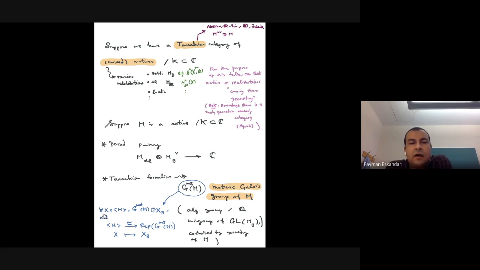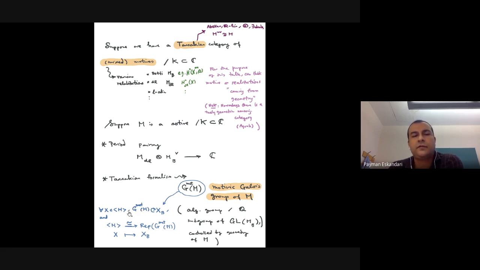Now, if you take any object in the category generated by M, you have the Betti realization of that object, and there's a natural action of the motivic Galois group of M on that Betti realization. And these actions are compatible with morphisms. So if I have a morphism between two objects in this category, then the induced map between the Betti realizations is equivariant under the actions of this group.